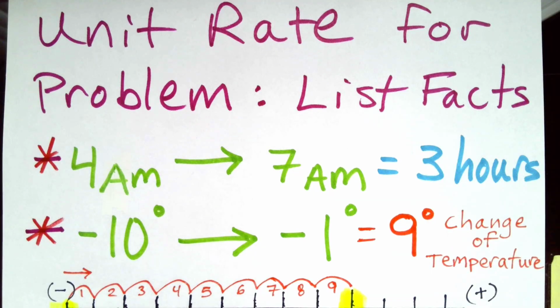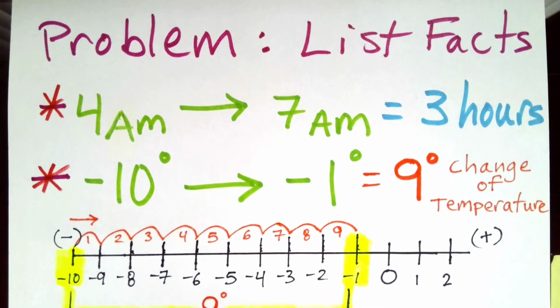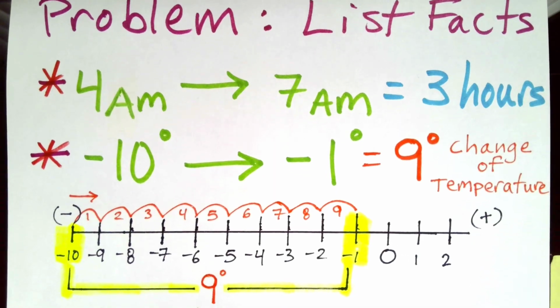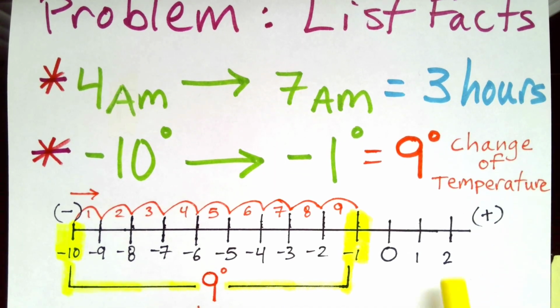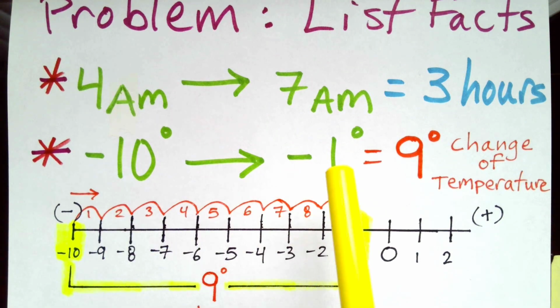I'm going to use these values to create a unit rate in order to determine the rate of change over time. I like to use a number line. You can do this pretty quickly on your scratch paper. I went from 0 to +1, +2, and just stopped there. I went from 0 to -1 all the way down to -10, because -10 up to -1.